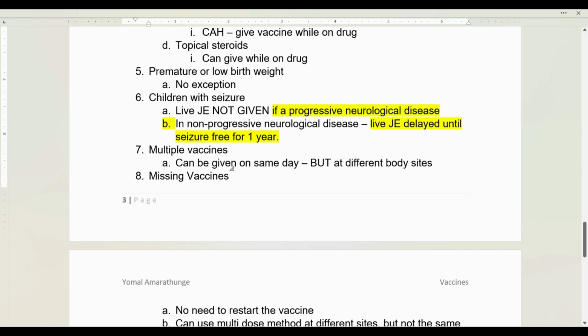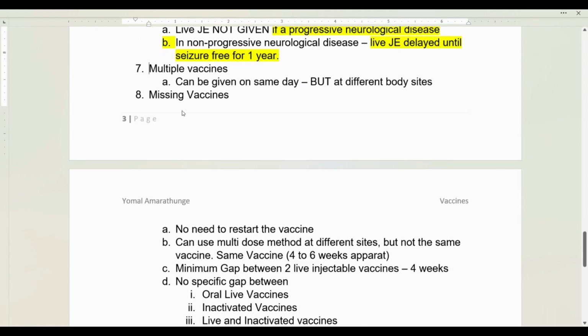So multiple vaccines can be given on the same day, but at different body sites, not the same body site. For different body sites, we can give multiple vaccines. So it is important when we give missing vaccine doses, this multiple vaccine policy.